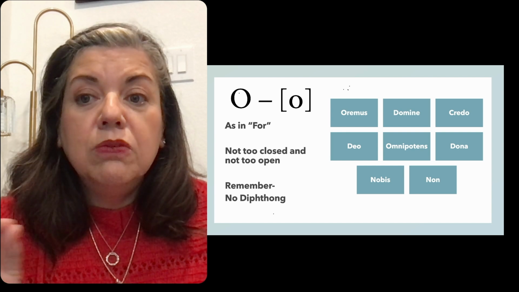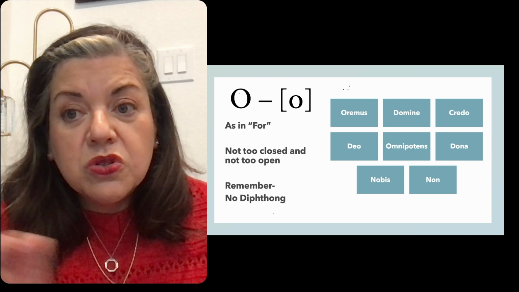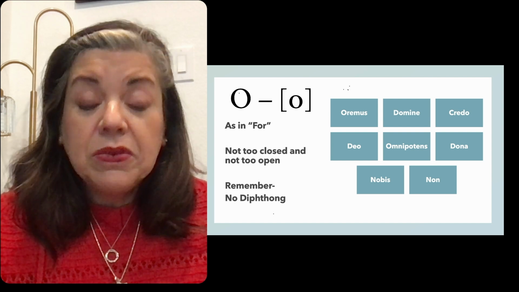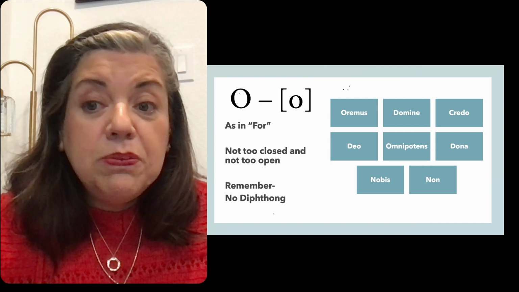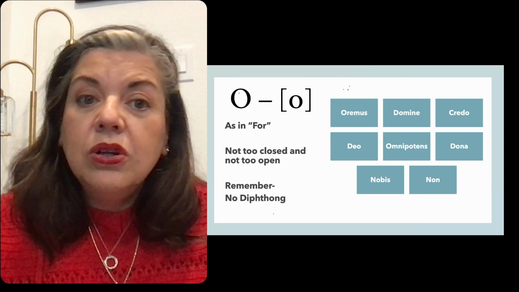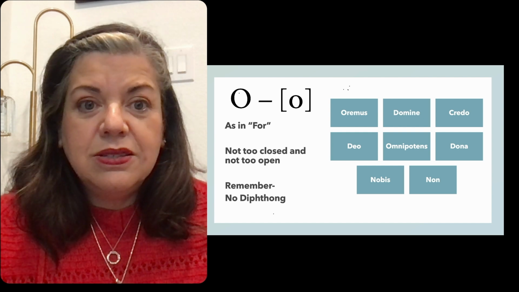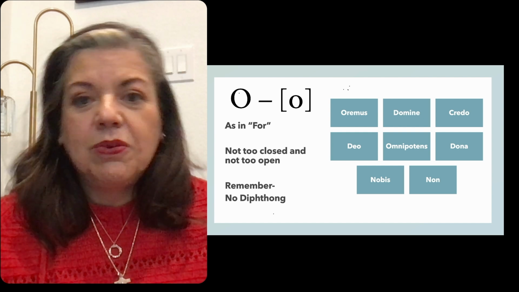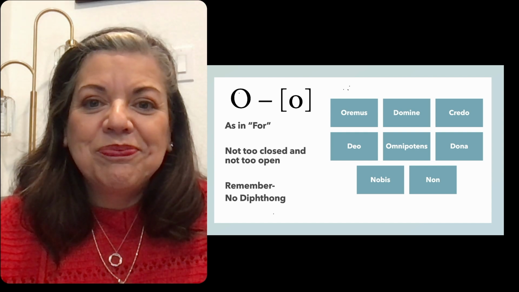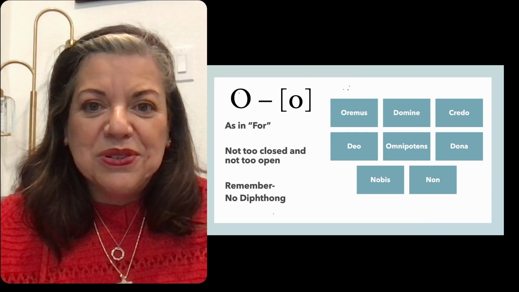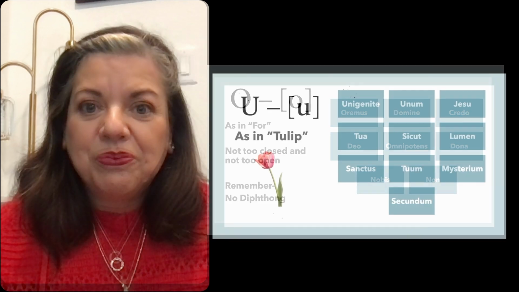It's oremus, domine, credo, deo, omnipotens, dona, nobis, non. I'm sure these are words that you've sung before. So again, o is the vowel sound in Latin.